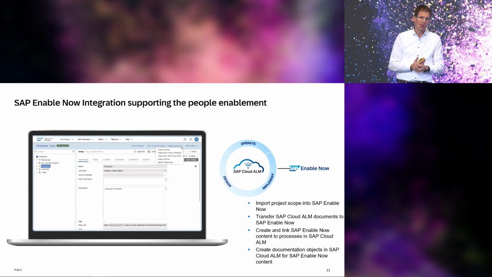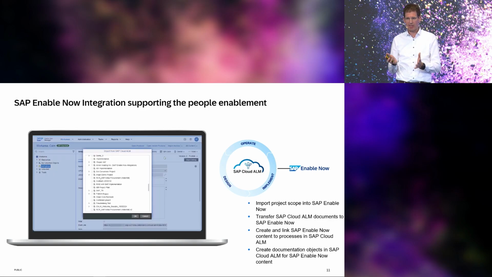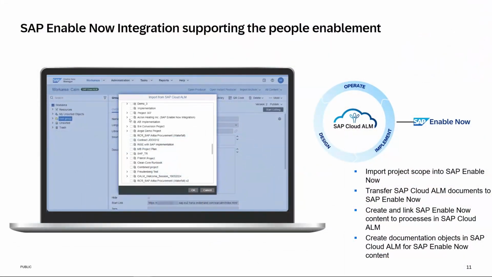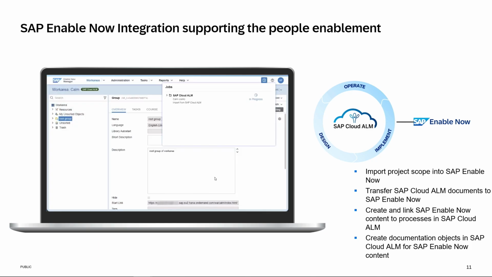And this is really helpful for those people who need to create enablement content, because they can connect to Cloud ALM, get from a specific project the structure and also the process documentation, and synchronize that over into Enable Now.